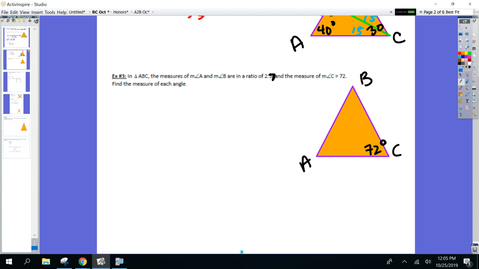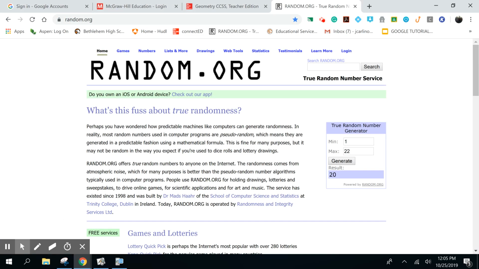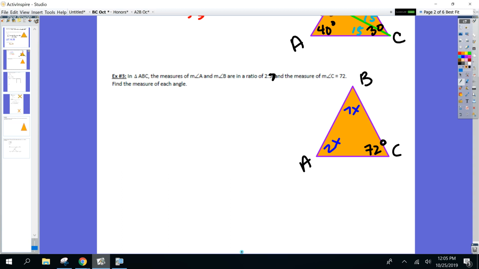We've been attaching x's with them. Because I can't do much with the 2 and the 7 by itself, but once I plug, what do I multiply it by? X there. Now I can write an equation, which will be what for my equation here? 2x plus 7x plus 72 equals 180. Yep.